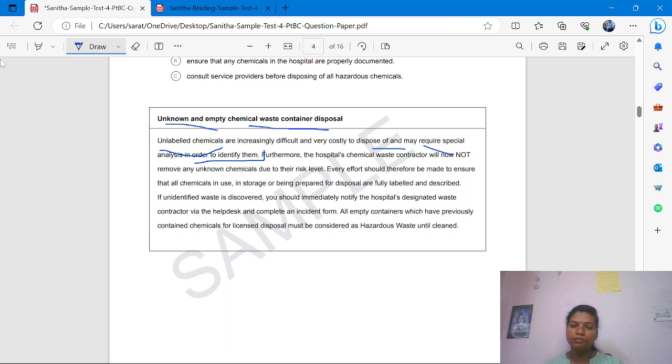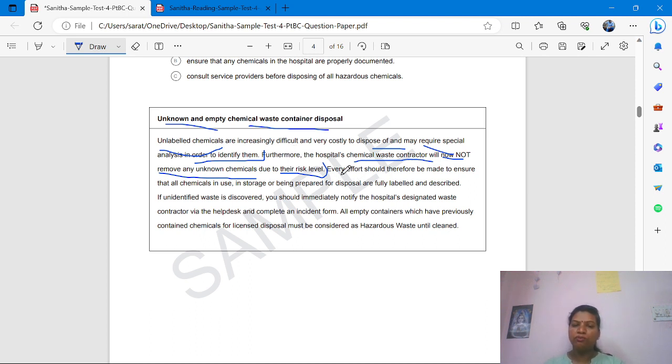Furthermore, the hospital chemical waste contractor will now not remove any unknown chemicals due to their risk level. Because the risk level is increasing, the contractor will not remove any unknown chemicals.